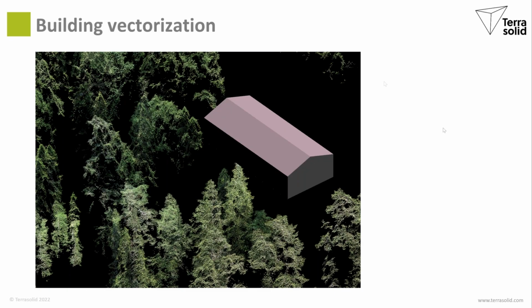When you have already classified data, it is enough to use just wizard classification. The segmentation logic will also classify the building roof, and this can be used for building vectorization.